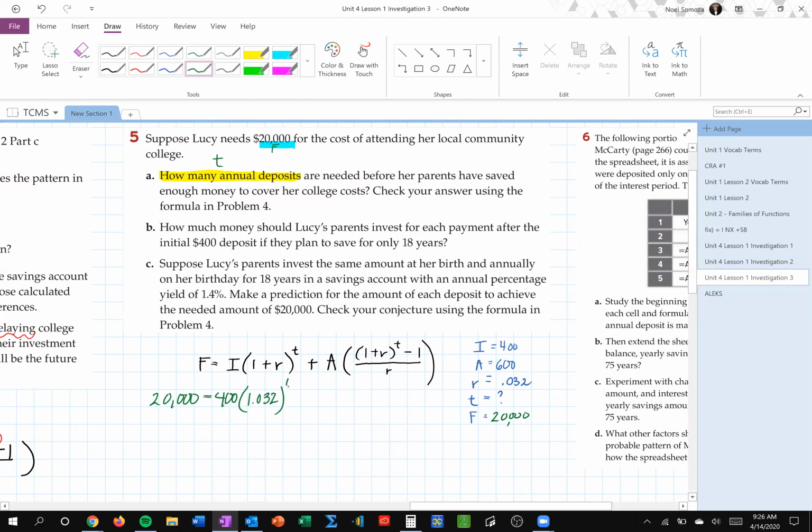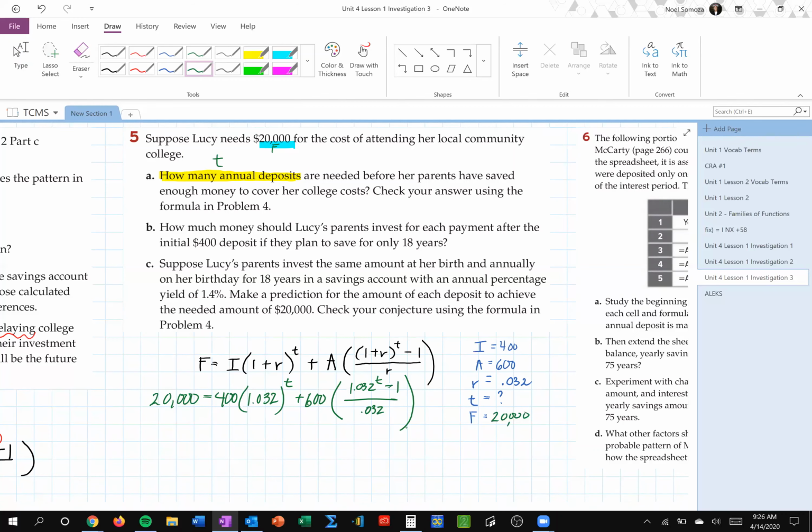I don't know T, so leave T. Plus A, which is 600, times 1.032 again to the power of time, minus 1, all over the rate of 0.032.